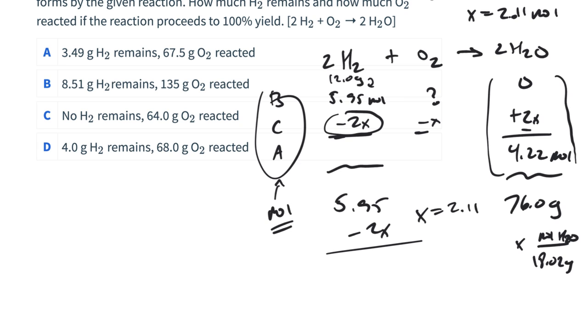That 5.95 moles minus 4.22 moles is 1.73 moles. That's the amount of moles of H2 that remains. In terms of a mass, times 2.016 grams, it's 3.49 grams of H2.